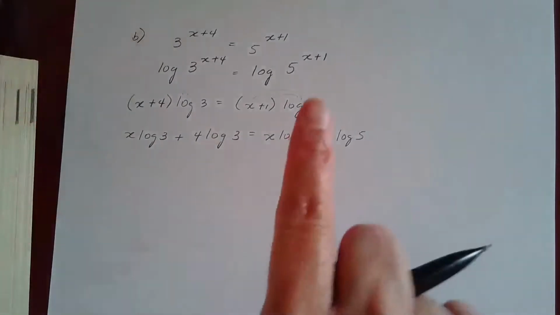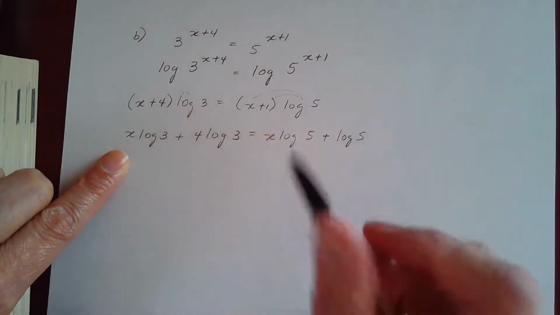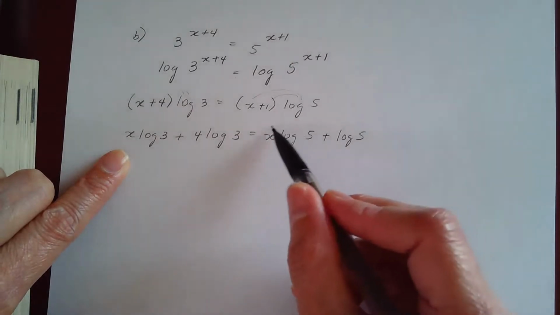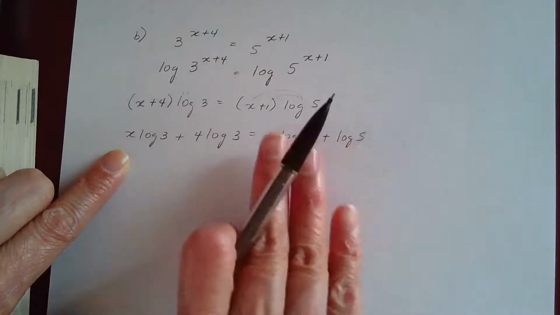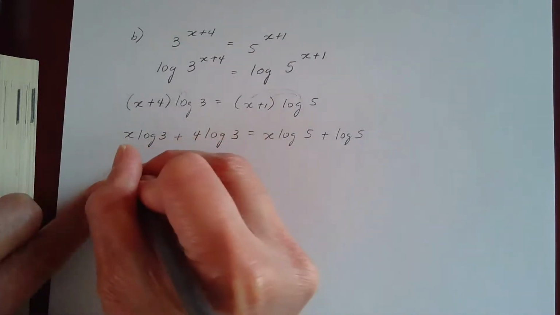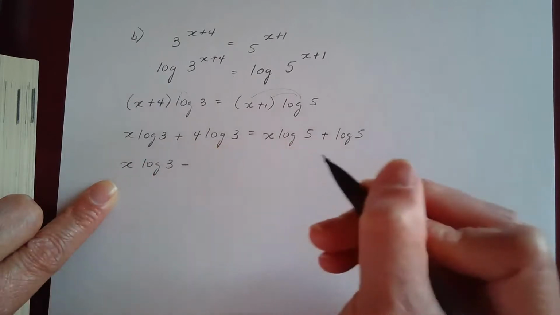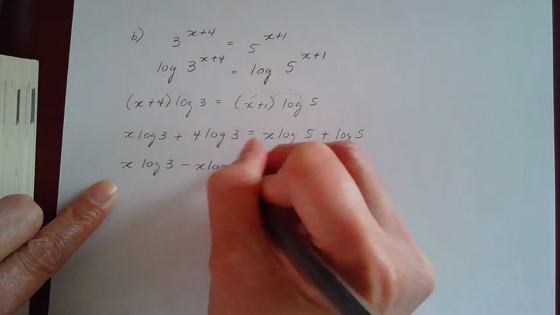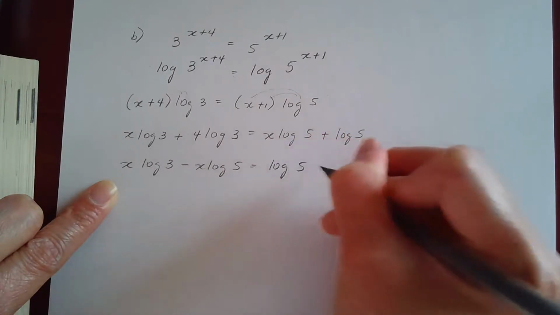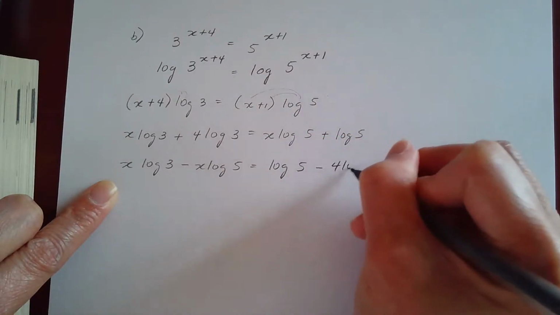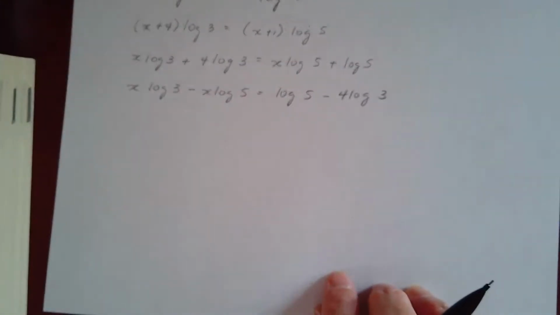Okay, so now I see that there's x's on both sides of the equation. So we're going to put the terms that have an x variable on one side of the equation and the plain numbers on the other side. x log 3 minus x log 5 equals log 5 minus 4 log 3. I'm sorry, I'm going over time.